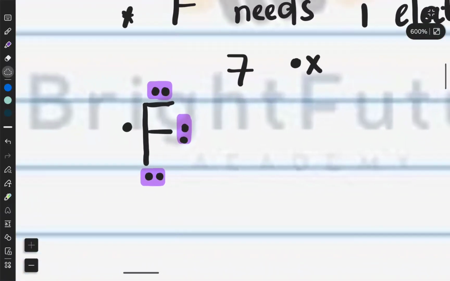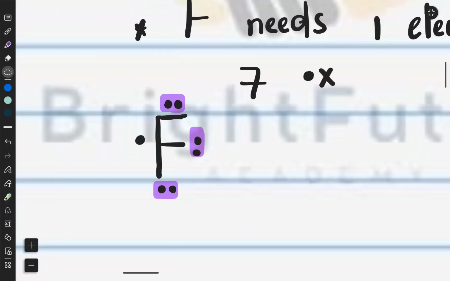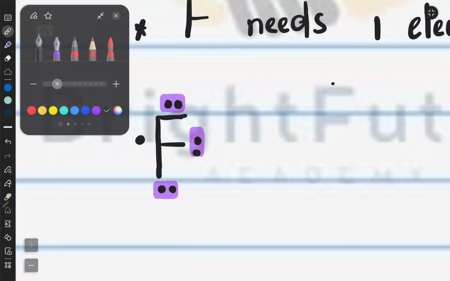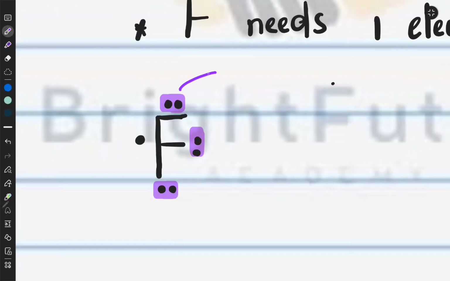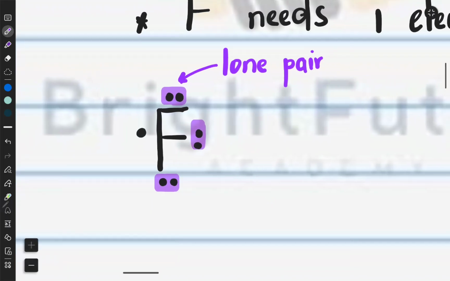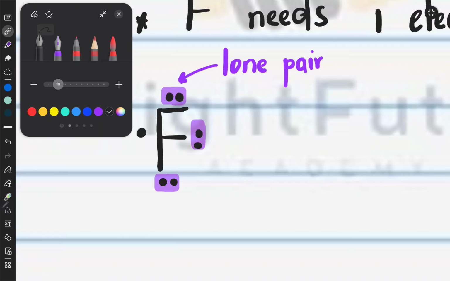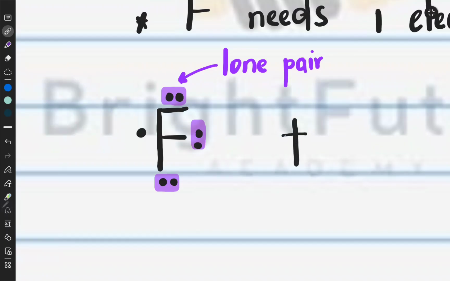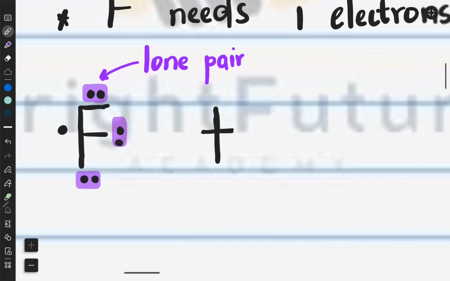These ones that are already paired will not participate in covalent bonding. We call them lone pairs, L-O-N-E, lone pairs. I'll just label one, but all of the ones that I've highlighted are called lone pairs. Now the other fluorine atom will be the same, but so that we can tell them apart, we will use crosses for this one.